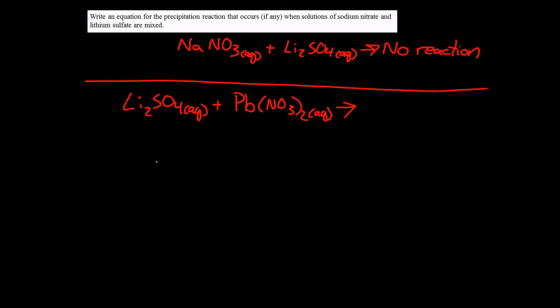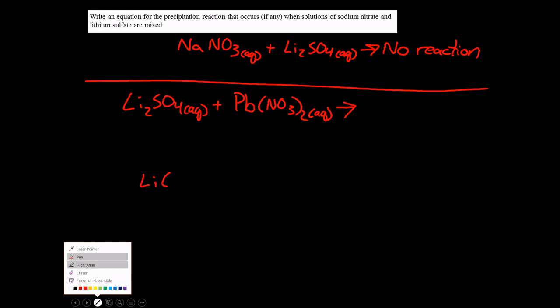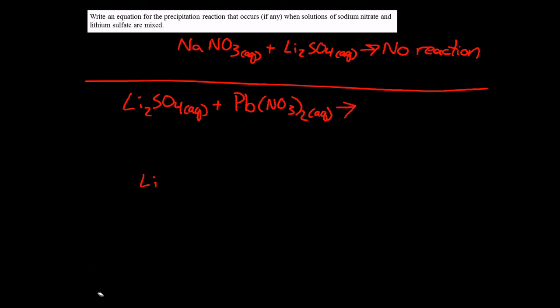So the 2 possible things we could make would be lithium nitrate, and actually I don't need a parentheses for that, because we only need 1 nitrate there. Lithium is +1, nitrate is -1, so we just need 1 of each. And the other possible thing we could make is lead 2 sulfate.